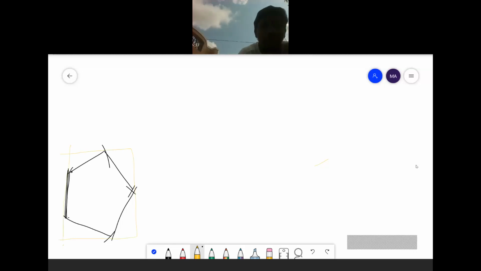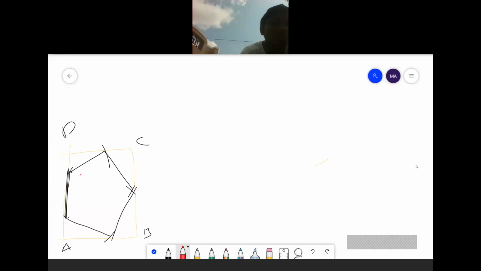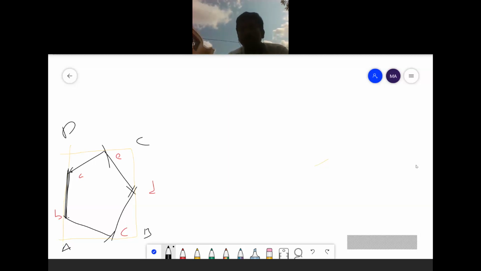I am naming this rectangle as A, B, C, D, and naming this pentagon as small a, small b, C, D, and A.